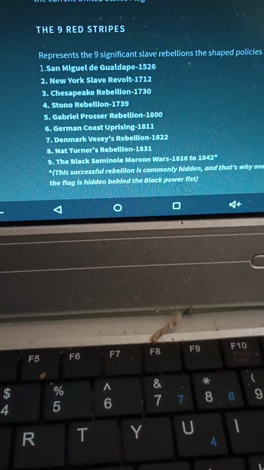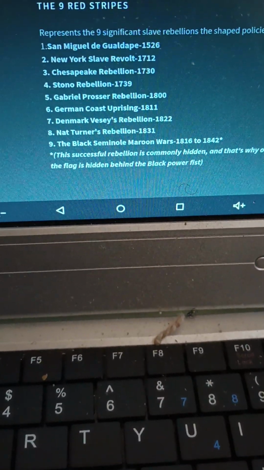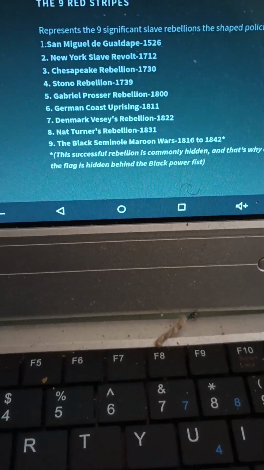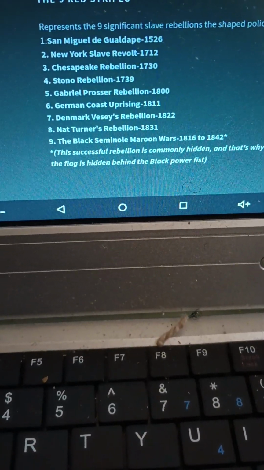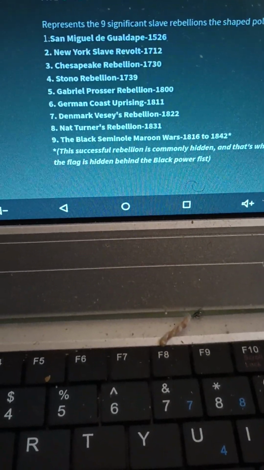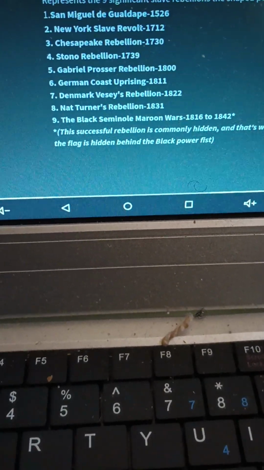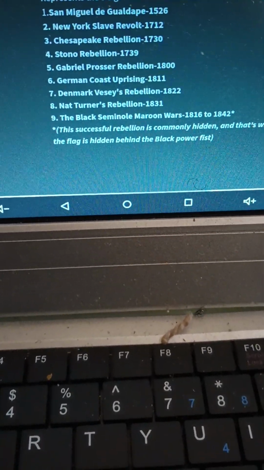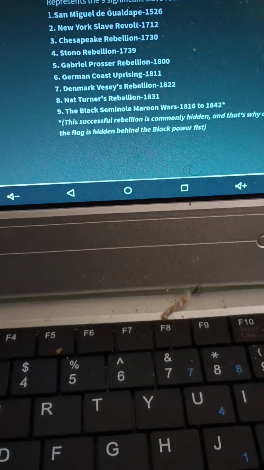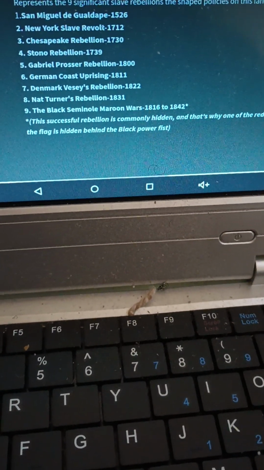San Miguel de Guadalupe, 1526, New York Slave Revolt, 1712, Chesapeake Rebellion, 1730, Stonewall Rebellion, 1739, Gabriel Prosser Rebellion, 1800, German Coast Uprising, 1811, Denmark Vesey's Rebellion, 1822, Nat Turner's Rebellion, 1831, and it says the Black Seminole Maroon Wars, 1816 to 1842.